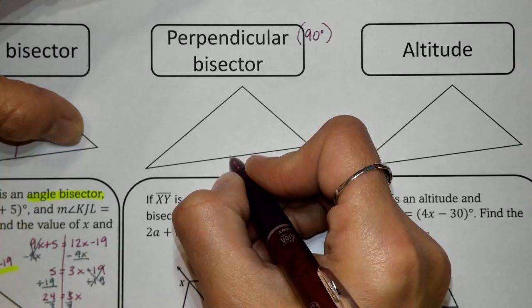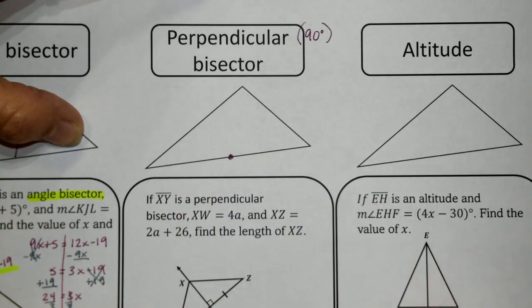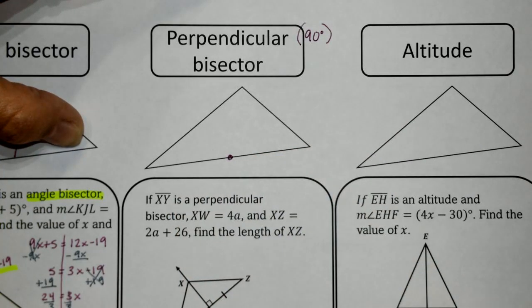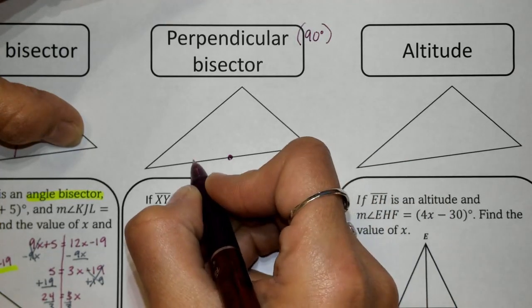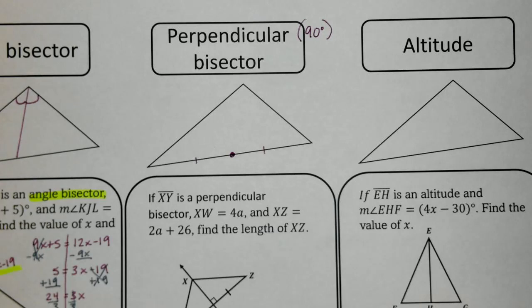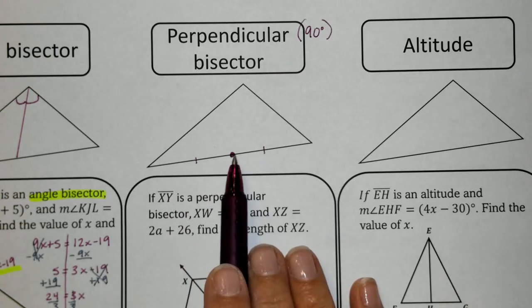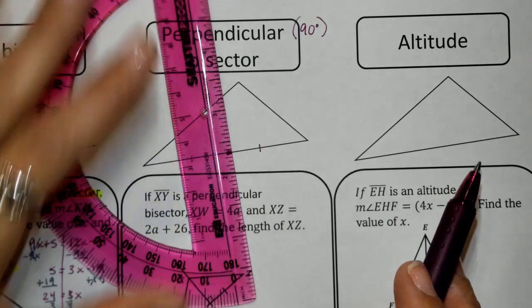We need to pinpoint, just kind of eyeball right now, we're drawing it in where a midpoint would be. This is the bisector part. To let everybody know this is supposed to be in the middle, we need to put our tick marks. Your perpendicular bisector does not always come out of the vertex. It needs to be perpendicular, or 90 degrees, with the side where that midpoint is. So we can just kind of eyeball it.